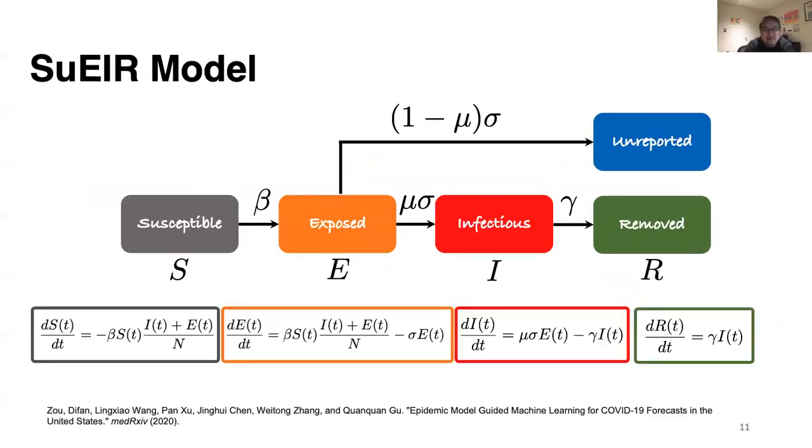The researchers from UCLA further extend this SEIR model to account for the unreported cases, where the exposed compartment in the model is considered as individuals that have already been infected but have not been tested, because after you test, you're going to get the knowledge on whether you're infectious or not.